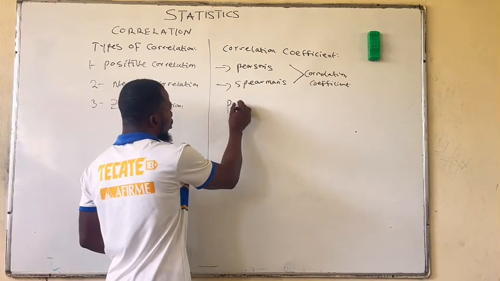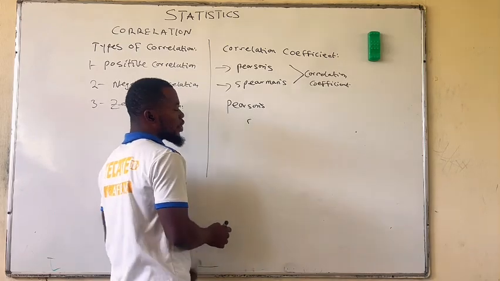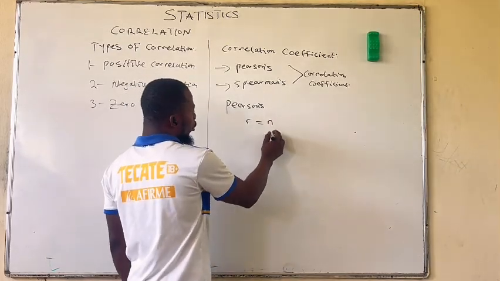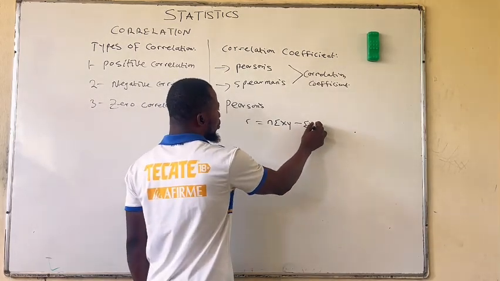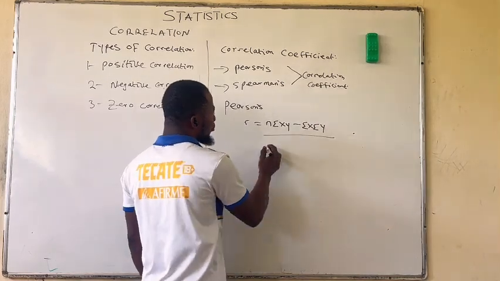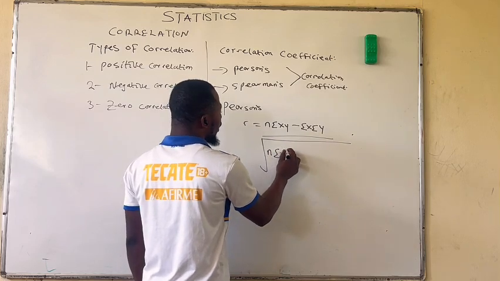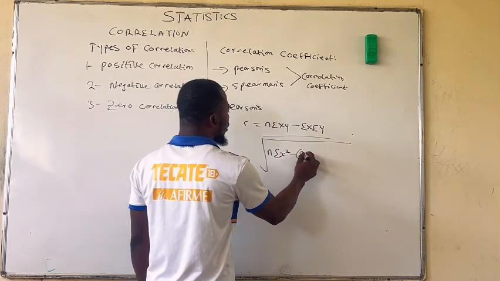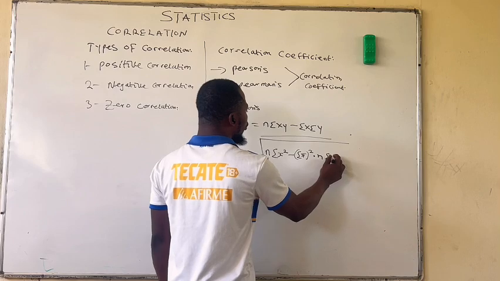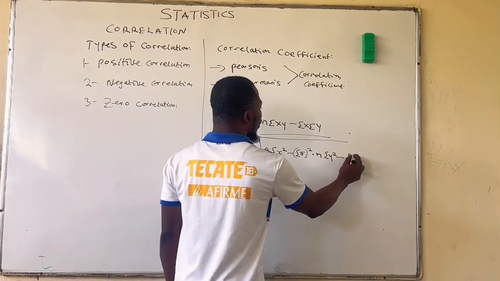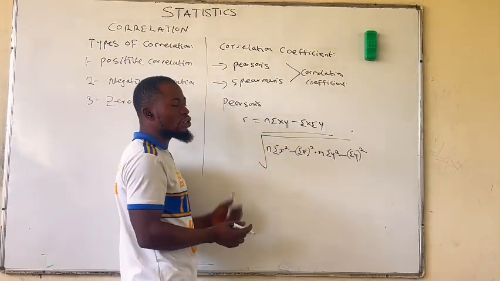For the Pearson, the formula is, our correlation coefficient, which is r, is equal to n multiplied by summation of xy minus summation of x multiplied by summation of y, divided by root of n summation of x square minus summation of x all square, multiplied by n summation of y square minus summation of y all square. This is the formula for the Pearson's correlation coefficient.